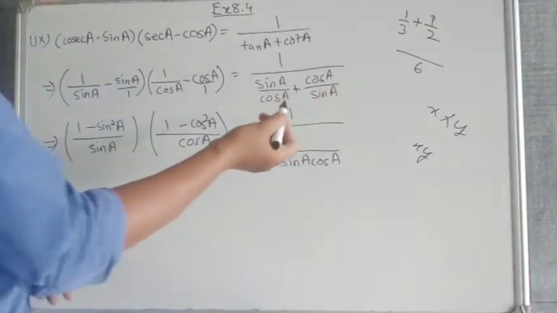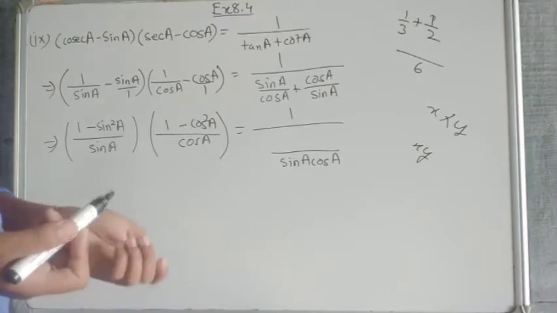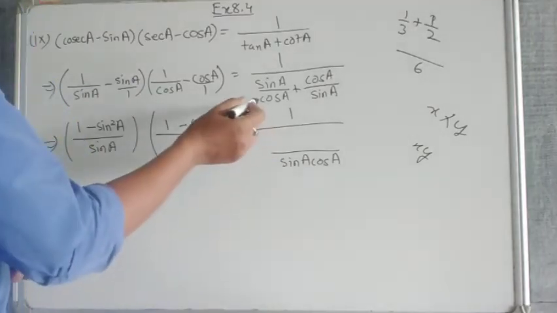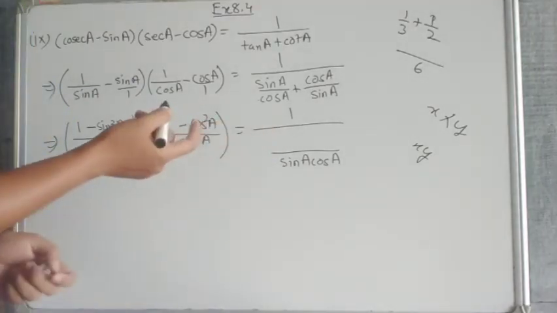Now look at the upper one. You can use the cross multiplication method if you want, or the longer way. I'll use the longer one first.